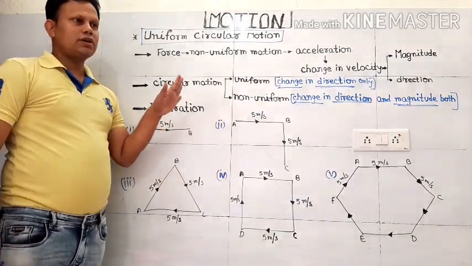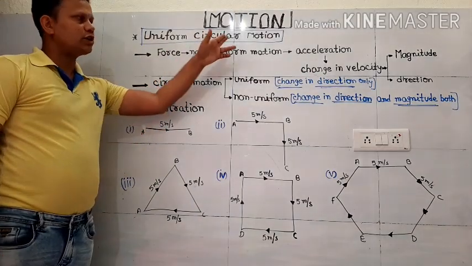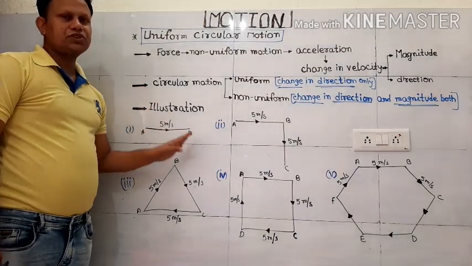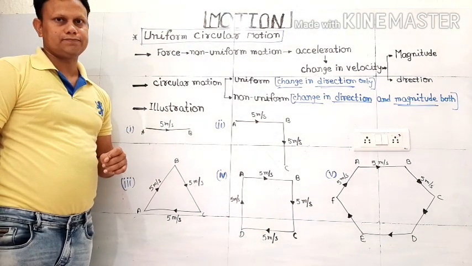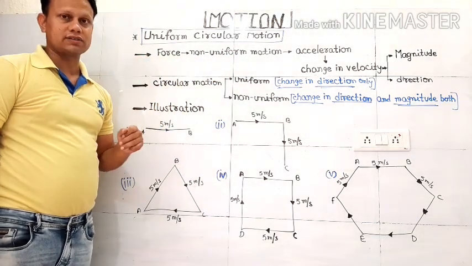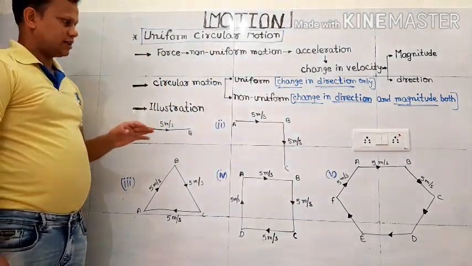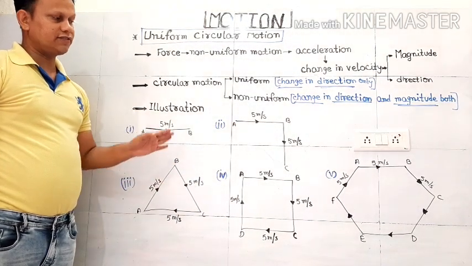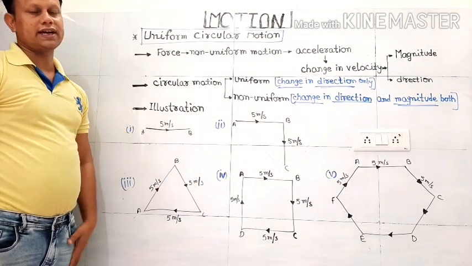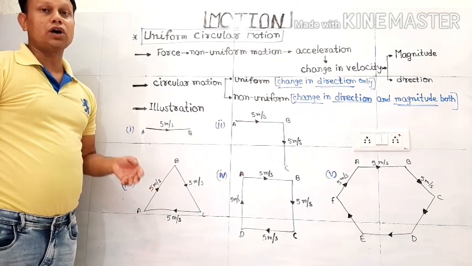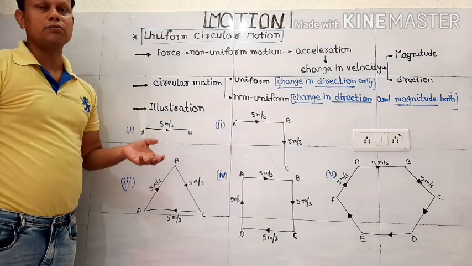Now, to understand uniform circular motion in detail, one illustration we are going to take here. But keep in mind this flow chart. This is very important to understand. Okay, so I have drawn some figures here, and with the help of these figures, we will try to understand when our motion becomes a uniform circular motion.